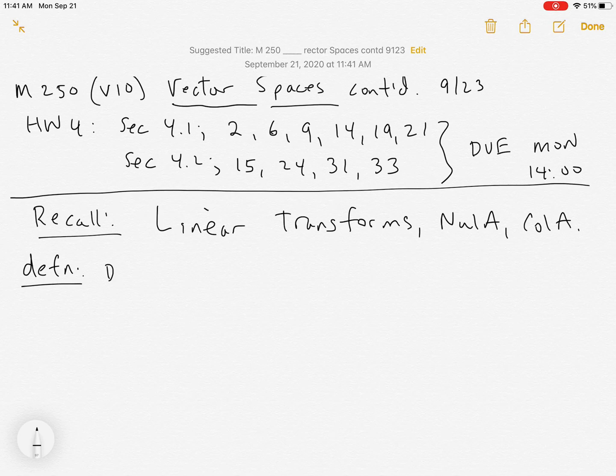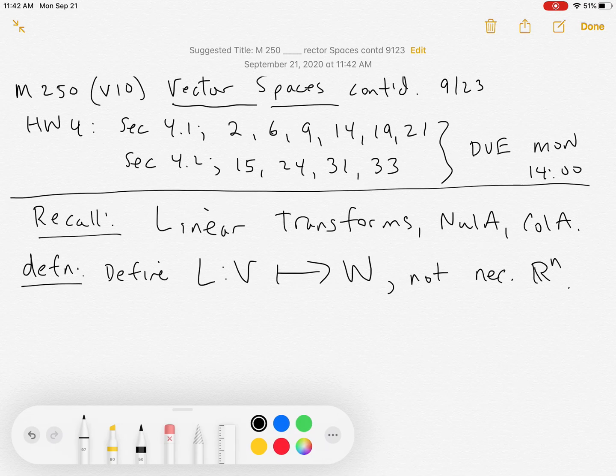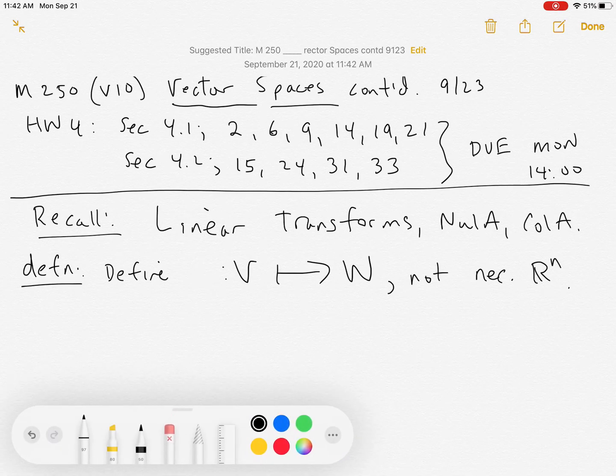So we define a linear transformation from a vector space V to some vector space W, not necessarily Rn anymore. And all we say is that that should be a T for linear transformation.